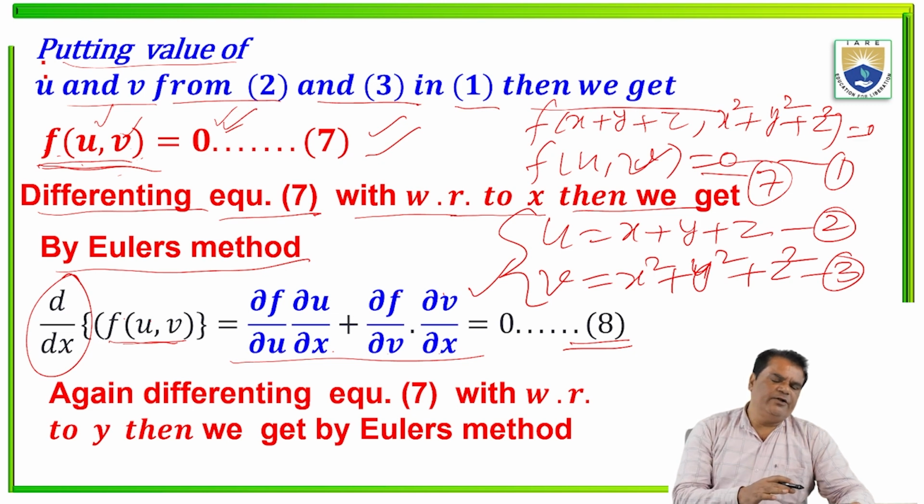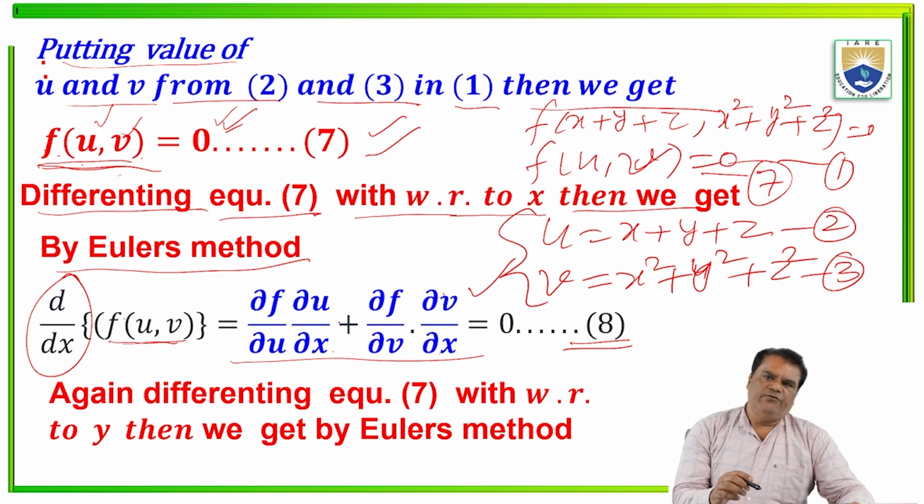How can we differentiate partially here? Because in the function there is more than one variable, u and v, two variables are there. So we differentiate the function first with respect to u, dou f over dou u, and u is a function of x and y, so again differentiating u with respect to x, dou u over dou x.